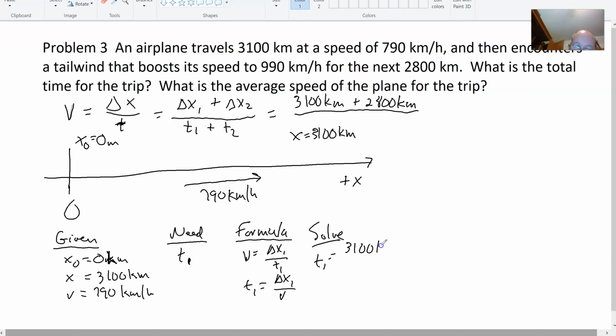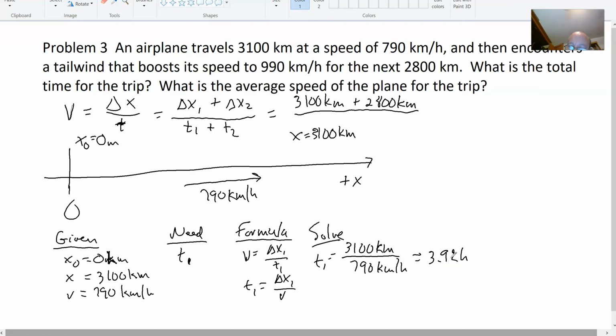I went from 0 to 3,100. I could have also just used x here instead of delta x. And then v was 790 kilometers per hour. And if I make that calculation, I'm going to get 3.92 hours.